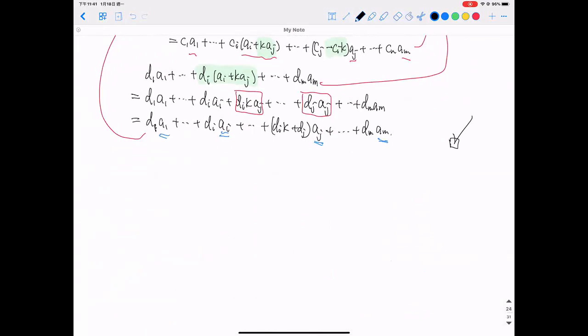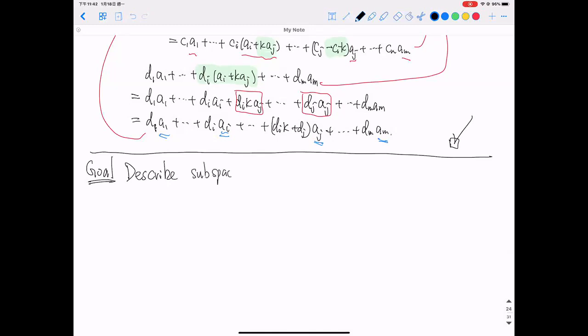Now, the next question is motivated by the following goal. Well, the goal is arguably vague: let's try to describe subspaces. Well, what does this mean? Let's examine what we've done so far.